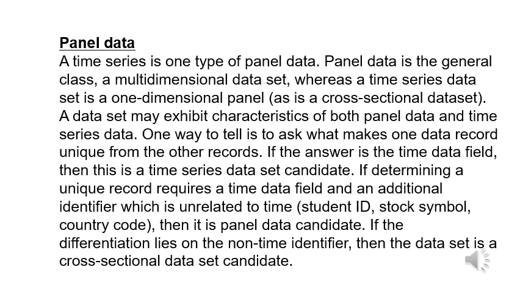If the answer is the time data field, then this is a time series data set candidate. If determining a unique record requires a time data field and an additional identifier which is unrelated to time, student ID, stock symbol, country code, then it is panel data candidate. If the differentiation lies on the non-time identifier, then the data set is a cross-sectional data set candidate.